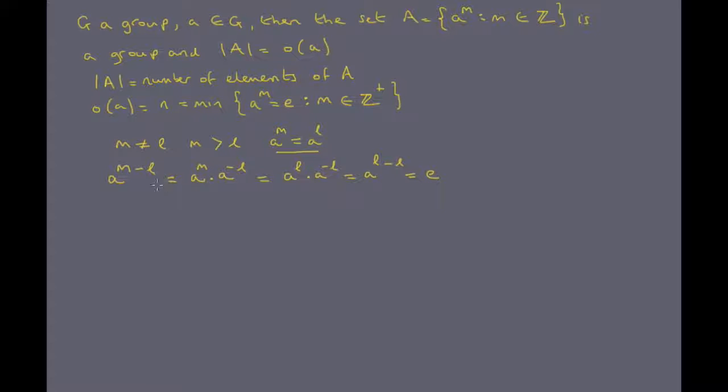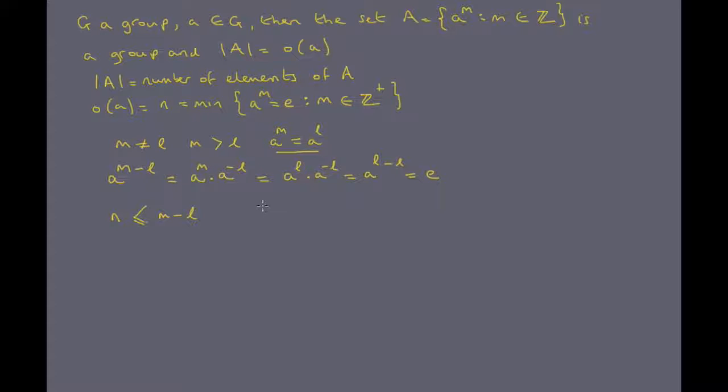So a to the power of m minus l equals e, which means that n, which is the order of little a, must be less than or equal to m minus l, because remember the order of a is the smallest possible integer for which a to the power of the integer is the identity.